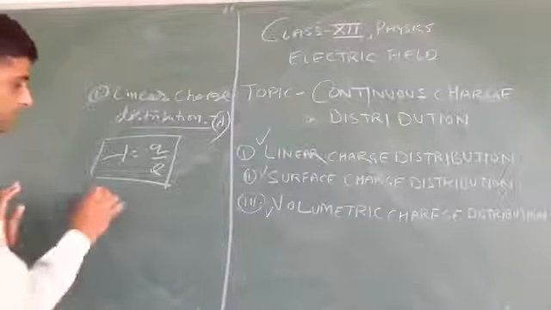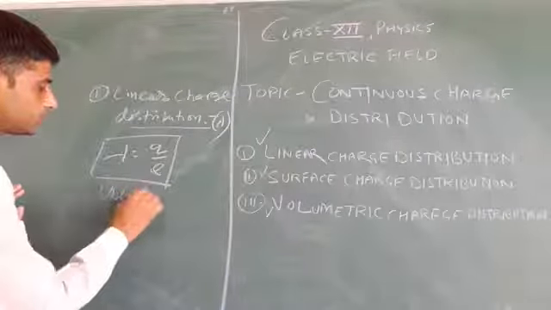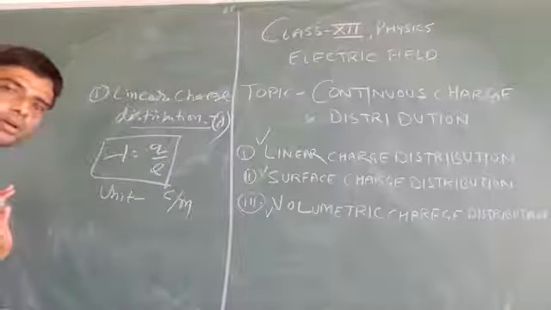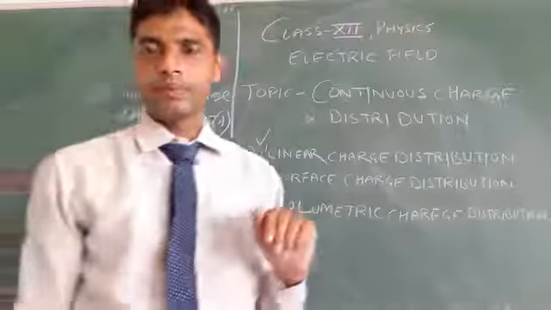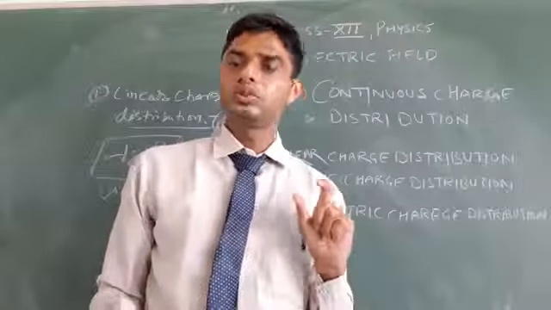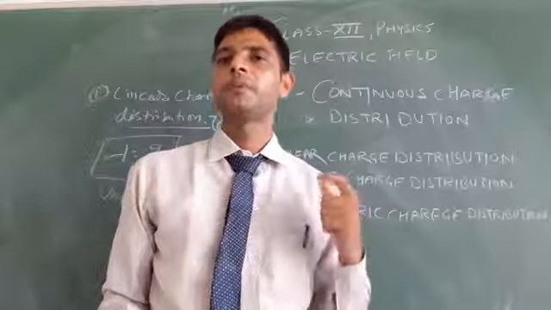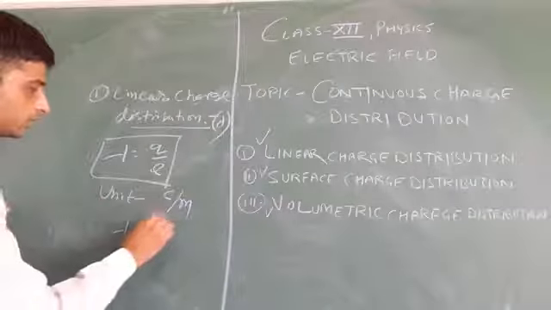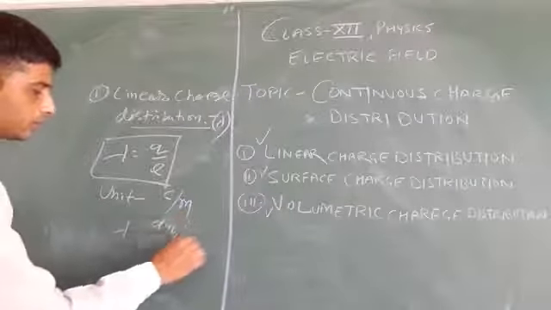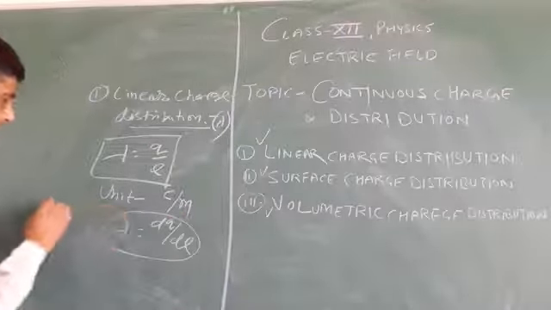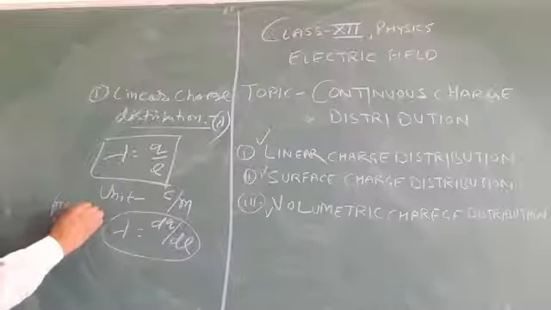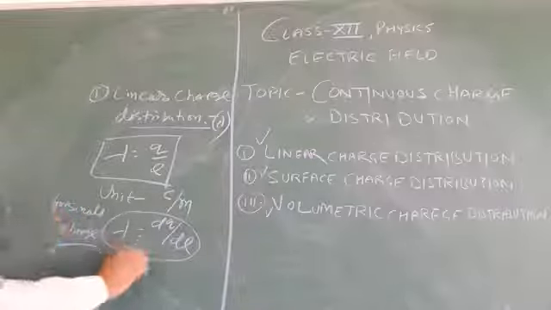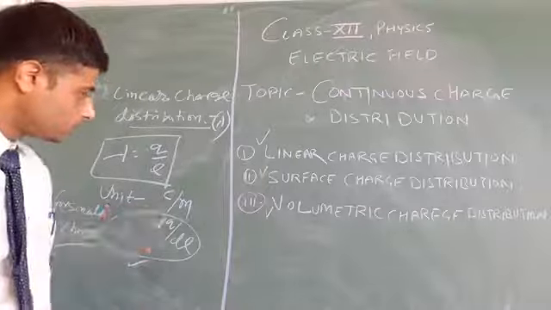The unit of linear charge density is coulomb per meter. If a small charge dq is transferred to a small length dl, then lambda is equal to dq upon dl. The unit is the same, coulomb per meter.